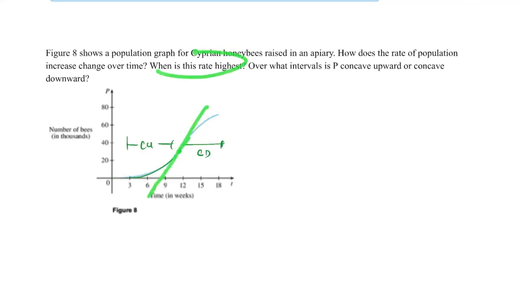Therefore, it is the highest rate, right? So the highest point occurs at the inflection point. So that occurs, I think, around x equal to 12.